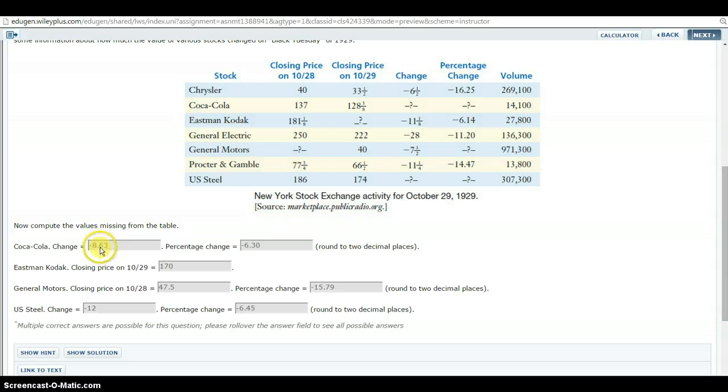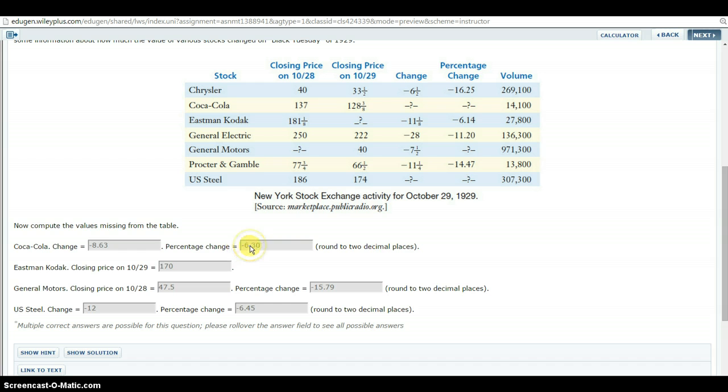If you do have a case where you're getting an answer that you think is right, please email me and I can either let you know, hey, this is what Wiley's looking for, or I can override the score. I don't want that to be an obstacle, although I know that with online homework it inevitably is. So the more I can do to ease that barrier, I'd love to do that.